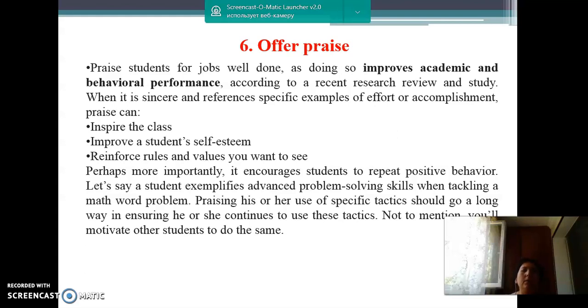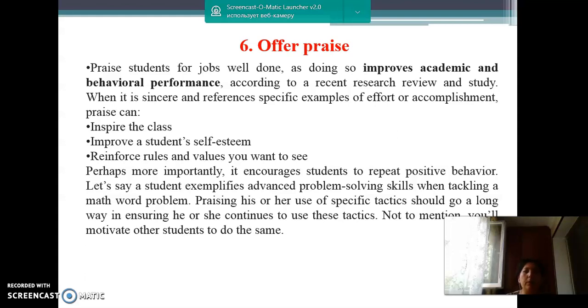The next strategy, offer praise. Praise students for jobs well done, as doing so improves academic and behavioral performance according to a recent research review and study. When it is sincere and references specific examples of effort or accomplishment, praise can inspire the class, improve a student's self-esteem, and reinforce rules and values you want to see.